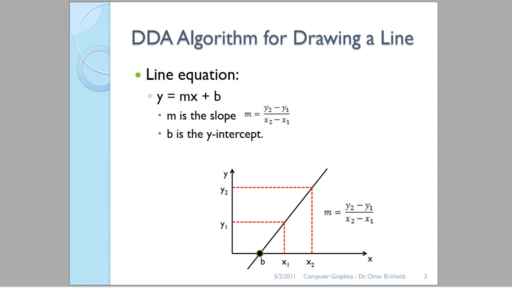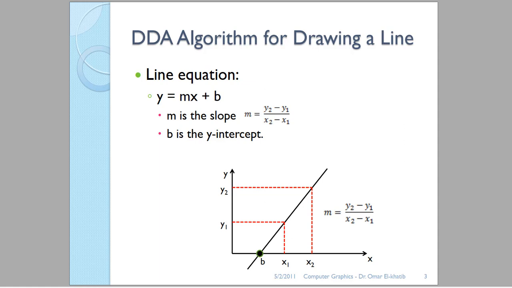We know that a line equation is y = mx + b. m is the slope, and we find the slope by using any 2 points on this line, taking the difference between their y coordinates, y2 minus y1, and their x coordinates, x2 minus x1. This gives you the slope of the line.